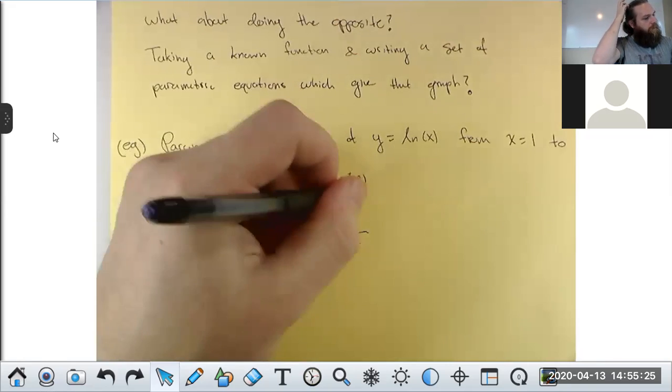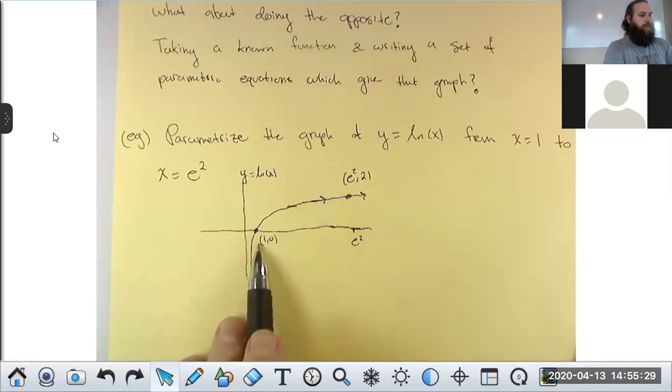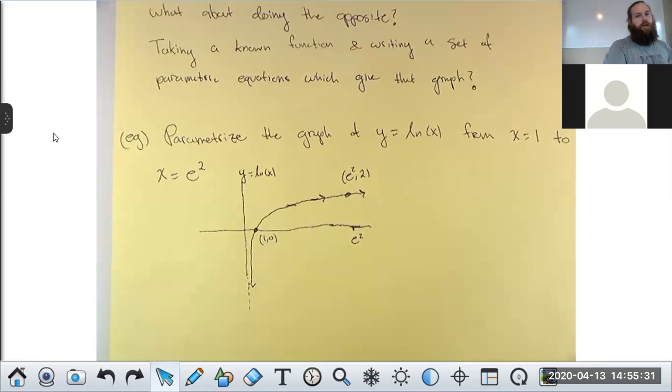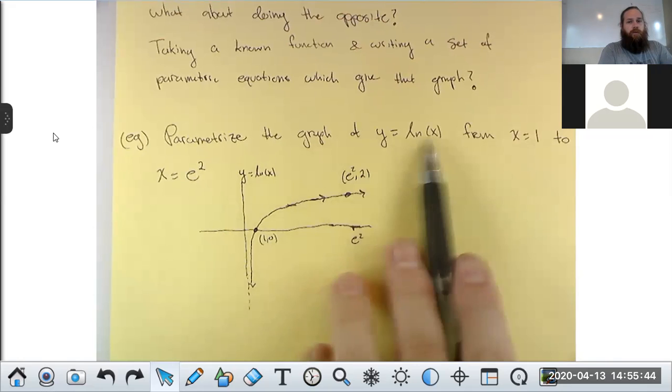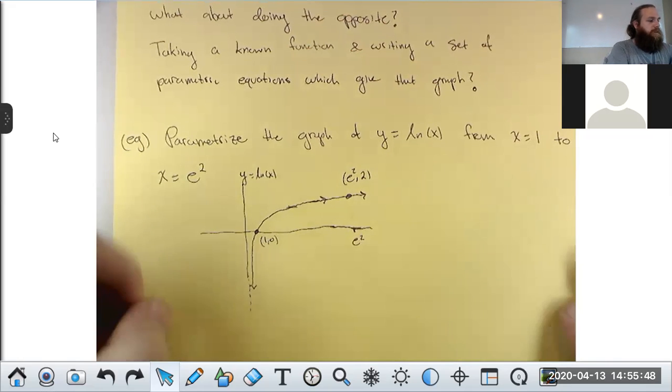So I want to find a parametrization of this curve, really just this portion from here to here. I want to find a set of parametric equations, which when graphed, both as functions of time, independent of one another, will generate that picture. If the curve you're given has one variable explicitly solved as a function of the other, then this is easy.